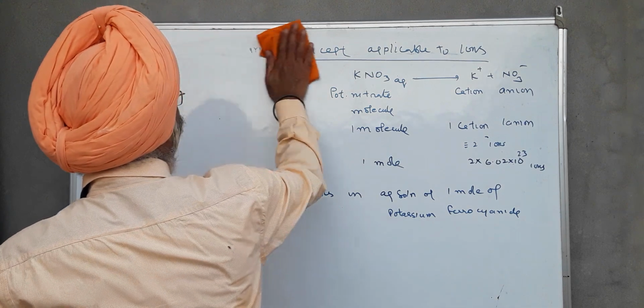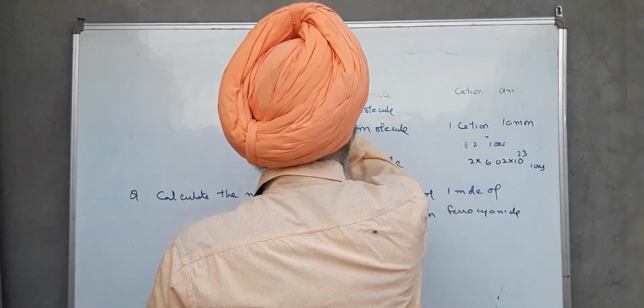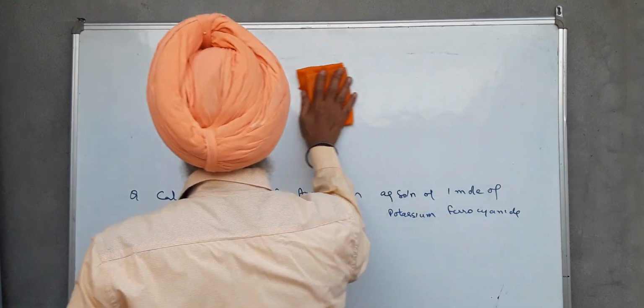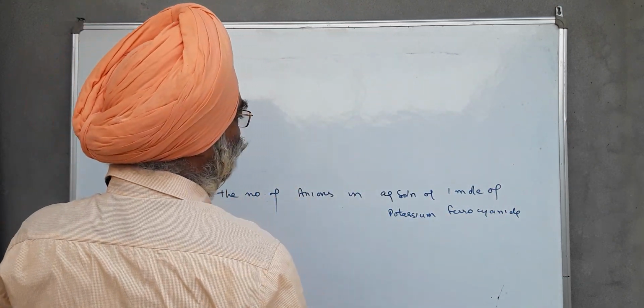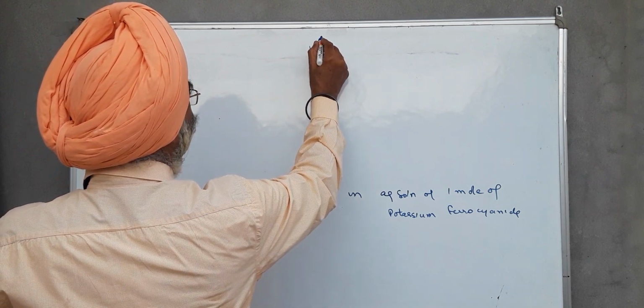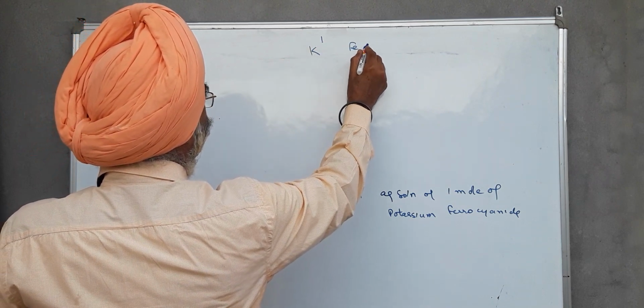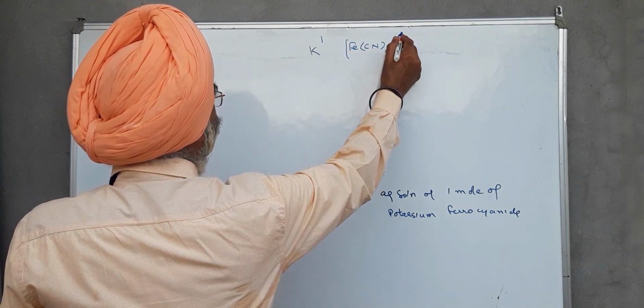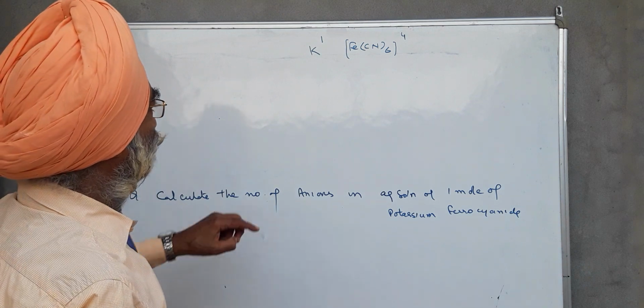Let us write their formulas, and then finally potassium ferrocyanide. It is K, valency is 1, and Fe(CN)6 in square brackets, its valency is 4.